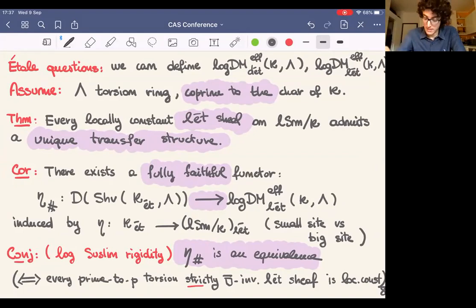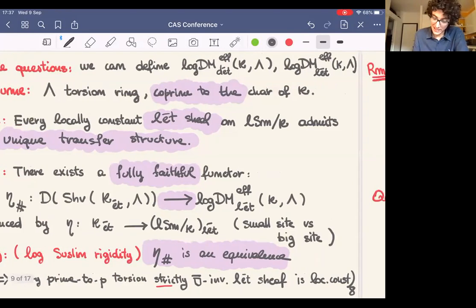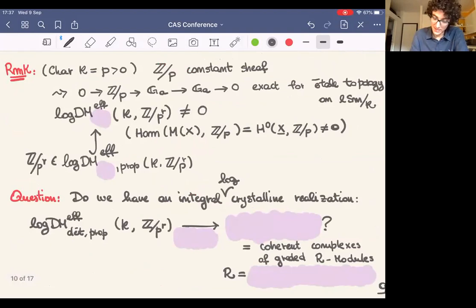Okay, so since I said something about the torsion prime to the characteristic, let me say something about the case of torsion at the characteristic. So let's say that we are in characteristic p and that we consider Z mod p coefficients.